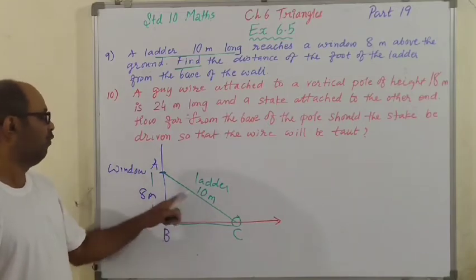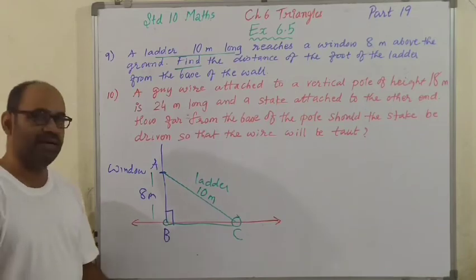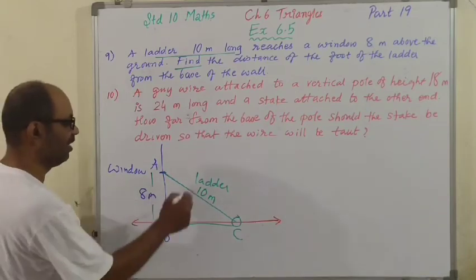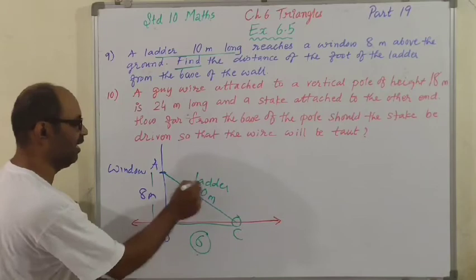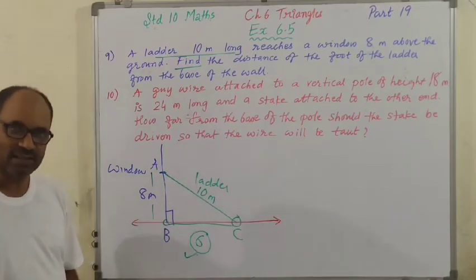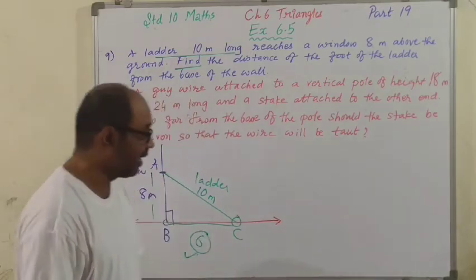Put 10 for AC, 8 for AB and find BC. You know this is a Pythagorean triplet, 6, 8, 10, so this should be 6. Alright? Fine. The next one.